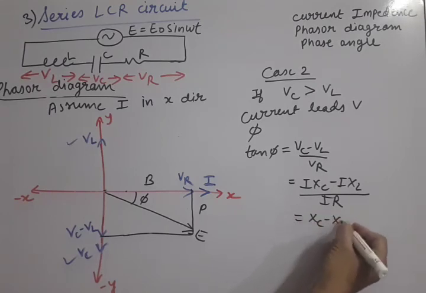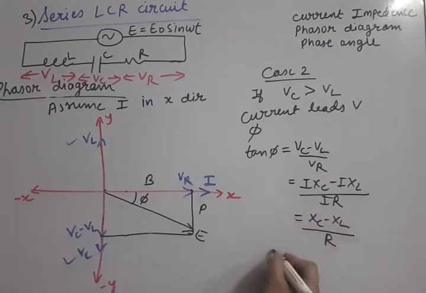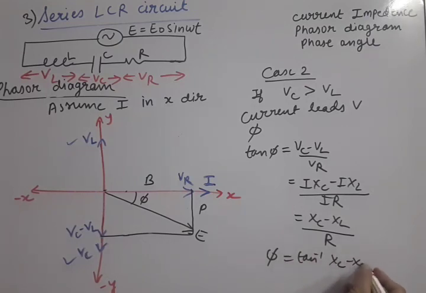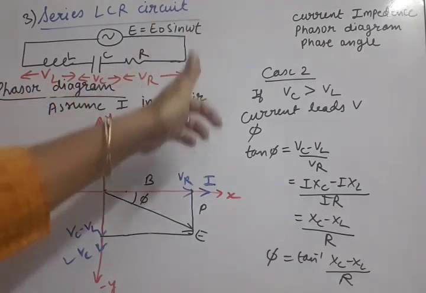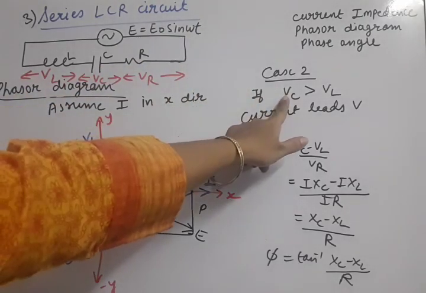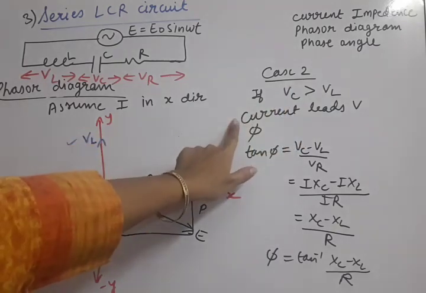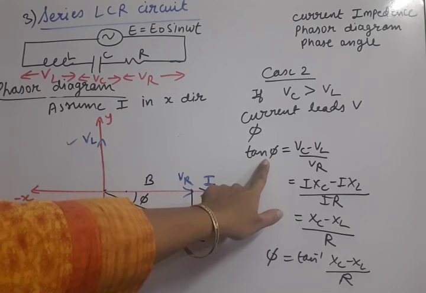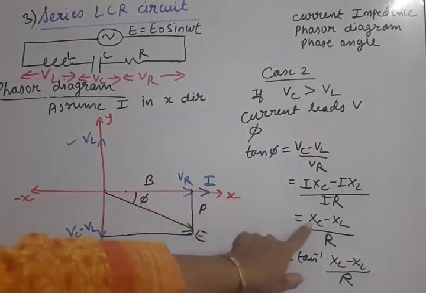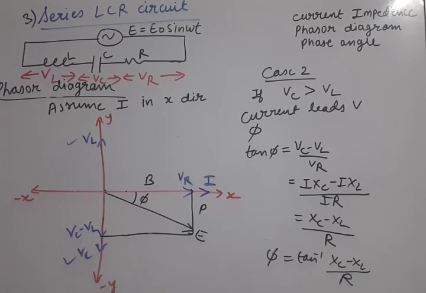I is cancelled, XC minus XL upon R. So finally phi is tan inverse of XC minus XL upon R. So the difference is, if VL is greater than VC, then voltage leads, but if VC is greater than VL, then current leads. Okay, the formula of the phase angle also will change: XL minus XC upon R or XC minus XL upon R. Two formulas are there for this phase difference.